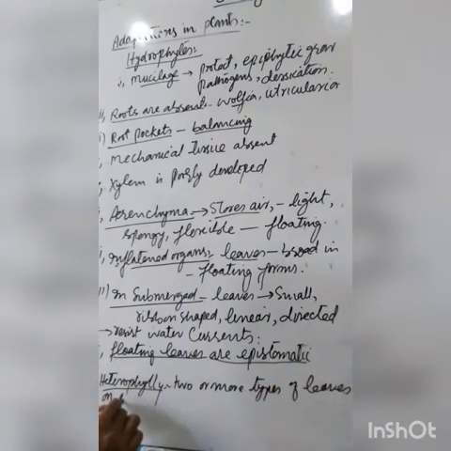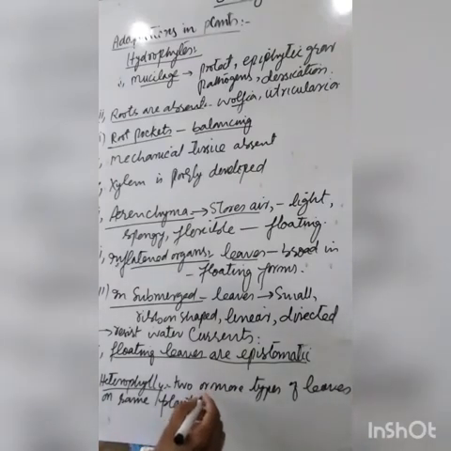Now, there are mostly two types of leaves, as I said earlier. There is a plant that is called Sagittaria.